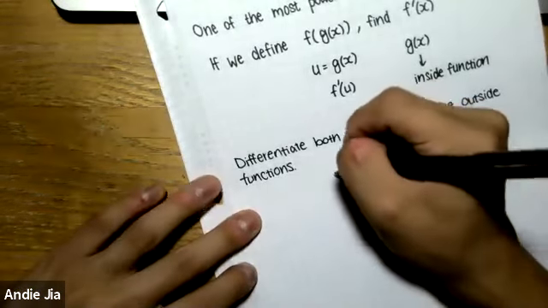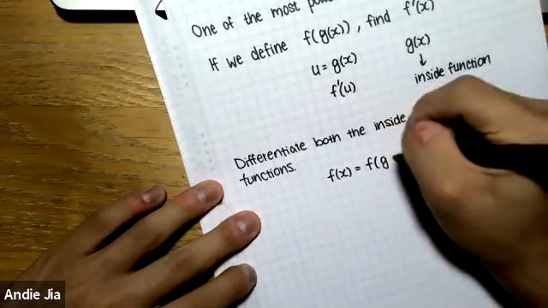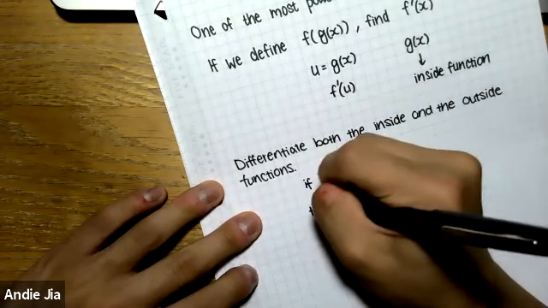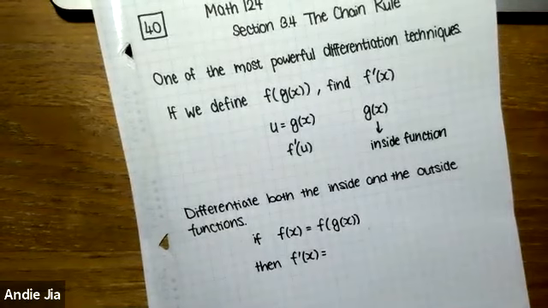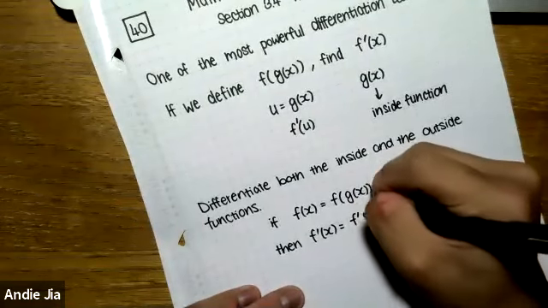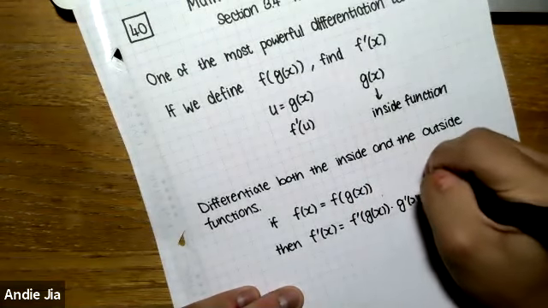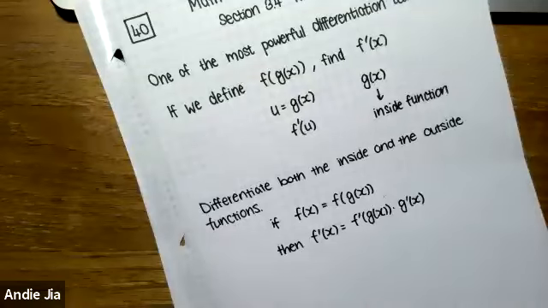So if f of x is equal to f of g of x, then f prime of x is f prime of g of x times g prime of x. We differentiate two functions. We all need to be calculated.